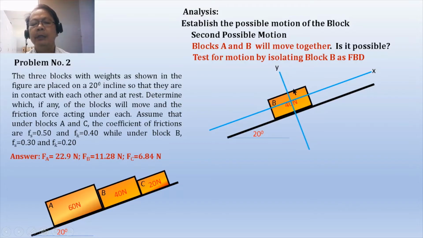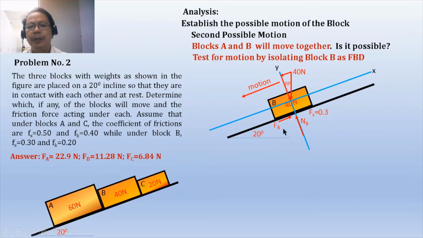This weight is directed downward, and it has a component perpendicular to the plane, indicated by this line, and another component parallel to the plane, which is this side. And because the motion is directed downward, there will be a frictional force exerted by the plane upon block B, which is directed upward.